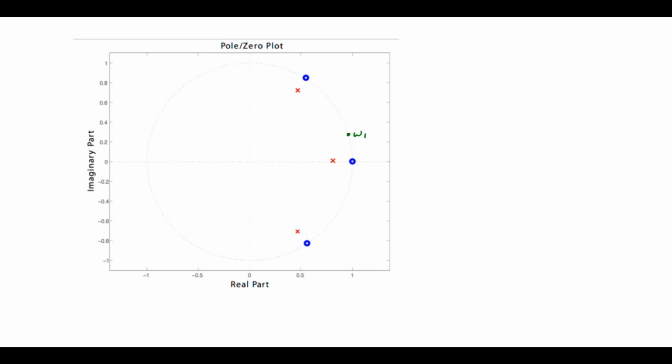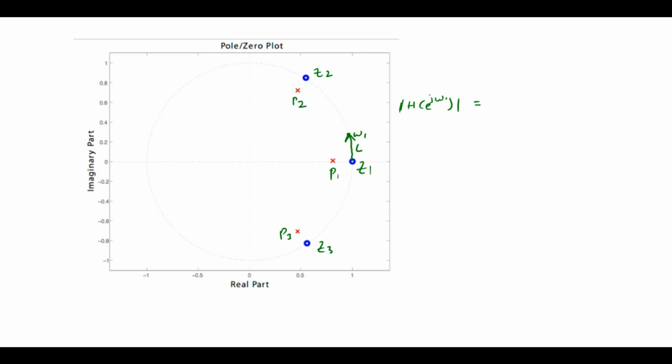Let us say omega 1, so we need H(e^jω1). That is nothing but the distance from the zeros to this frequency. Let us say this is zero 1, this is zero 2, and this is the third zero 3. Similarly, this is the first pole P1, P2, and P3.